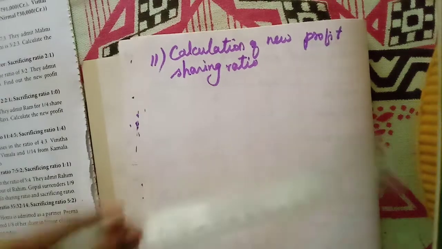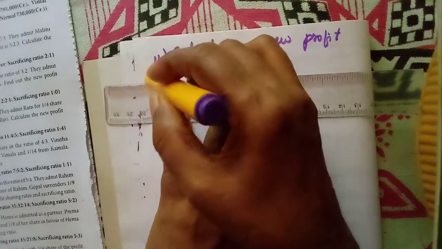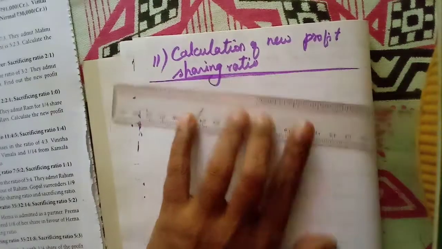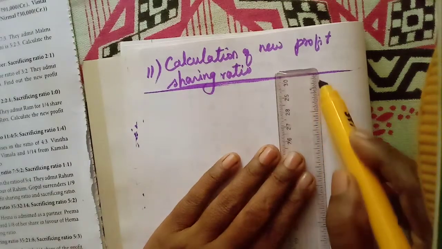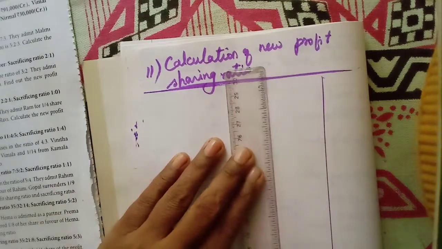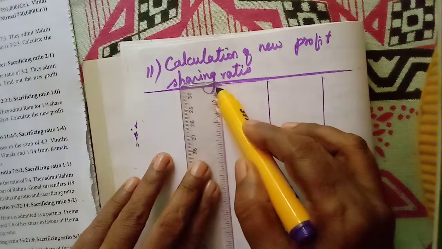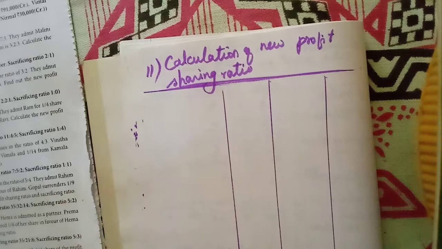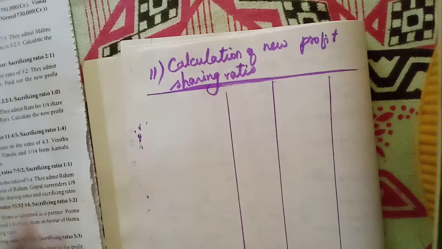We will draw the line. Three partners we have to write, isn't it? Partners' names, two old partners.